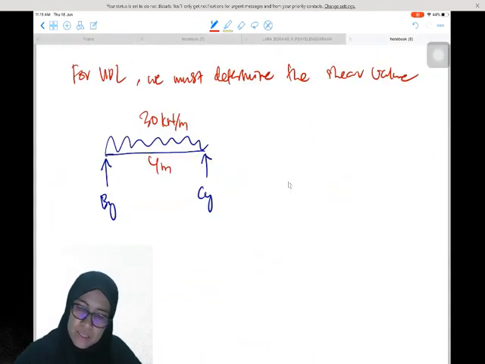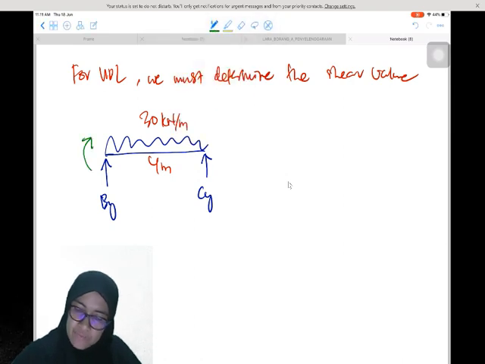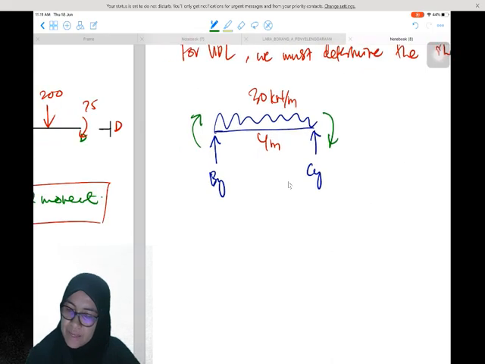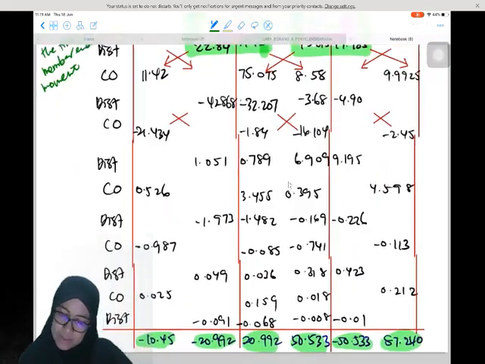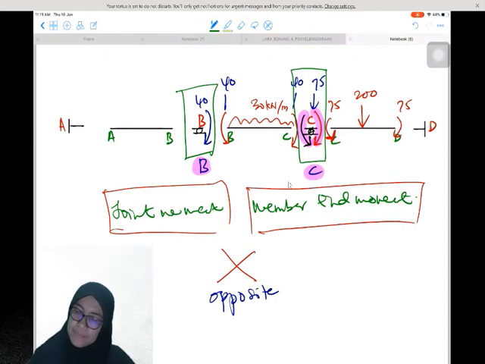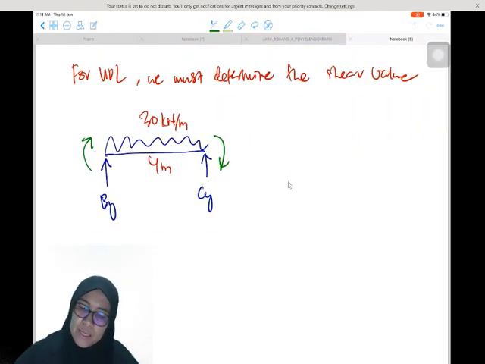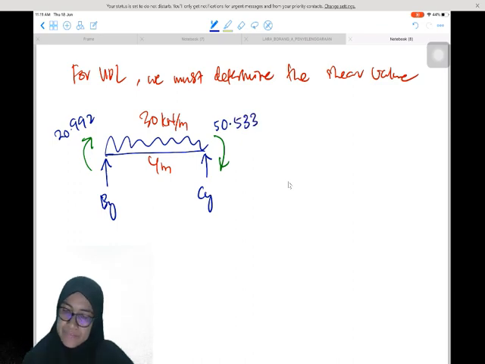The moment is positive, and the values are 20.992 and 50.533.